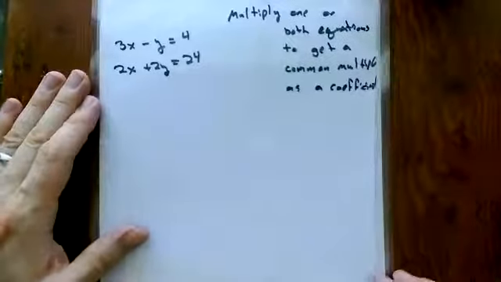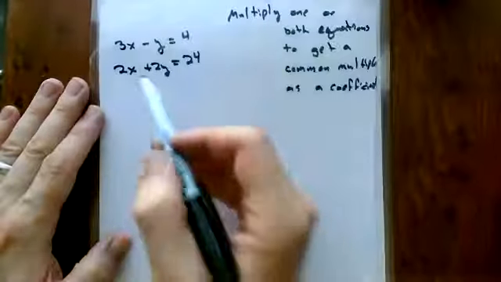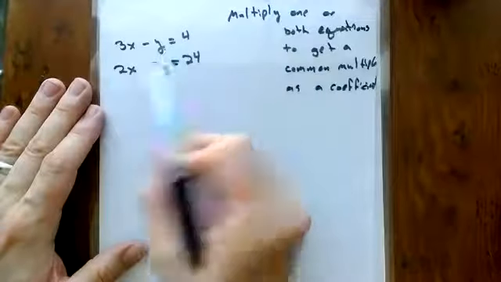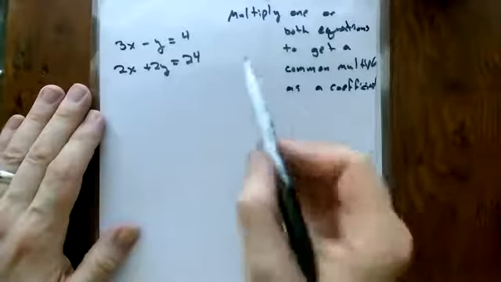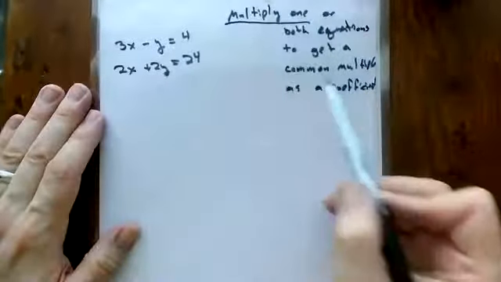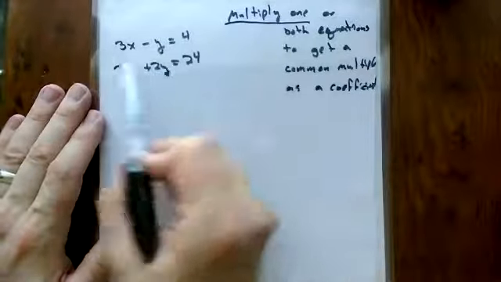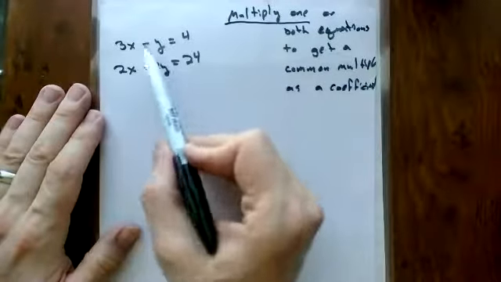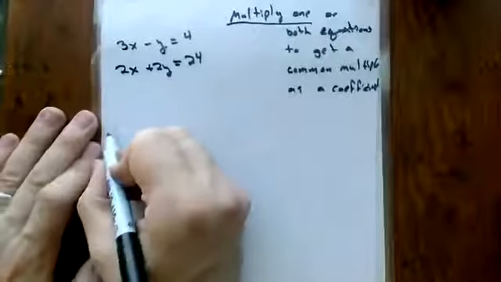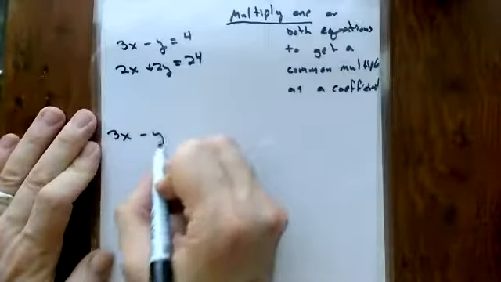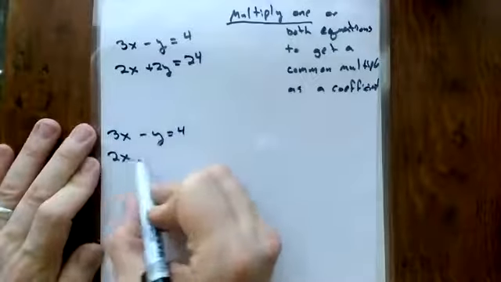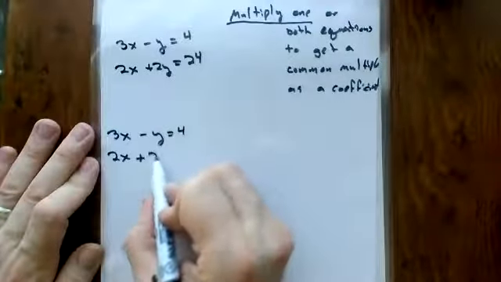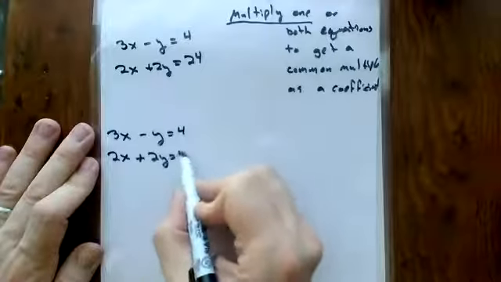So 3x minus y equals 4, 2x plus 2y equals 24. We're going to have to multiply one equation, and I'm going to take this top equation by 2. I'll show you my preferred method of working on these.